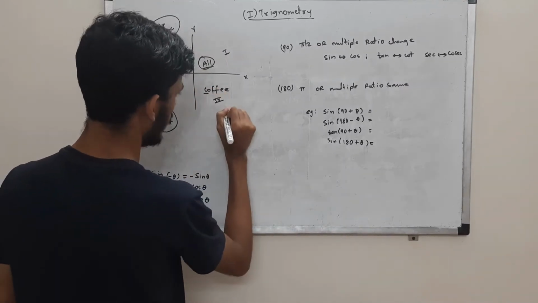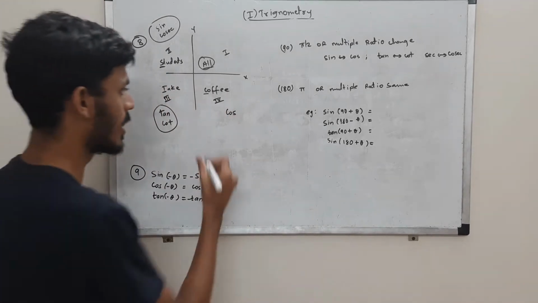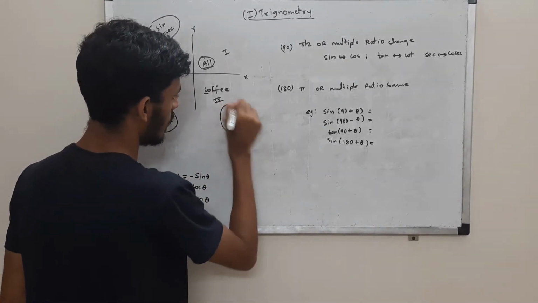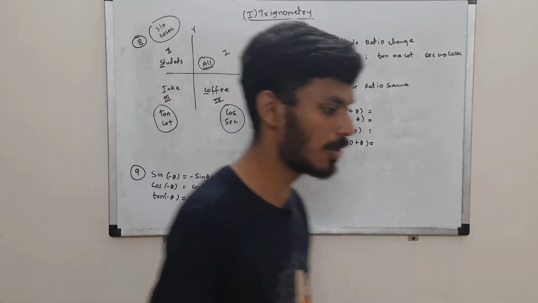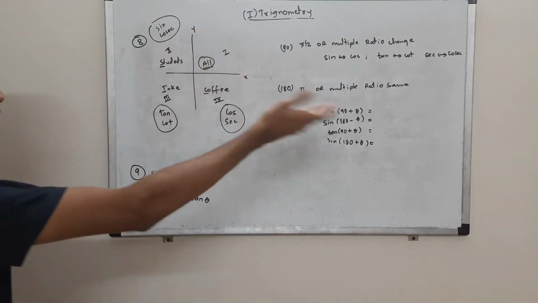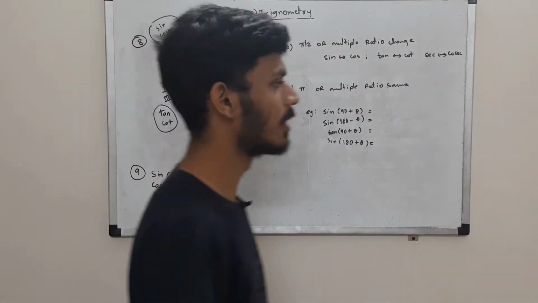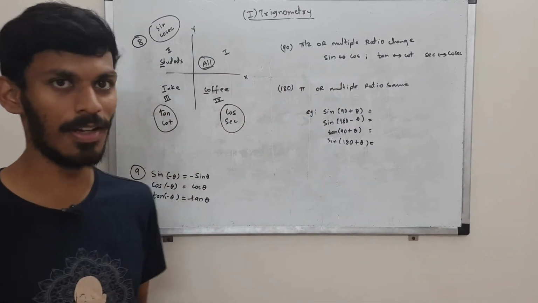Now finally coffee, C for cos. Cos is positive and its reciprocal, sec, is also positive. So this phrase, all students take coffee, or you might have heard different versions of it, all silver tea cups, whatever, is used to remember what ratios are positive in which quadrant.